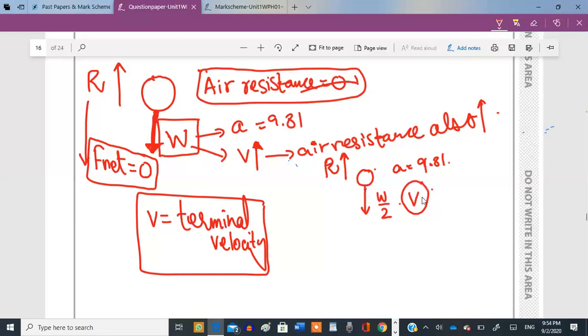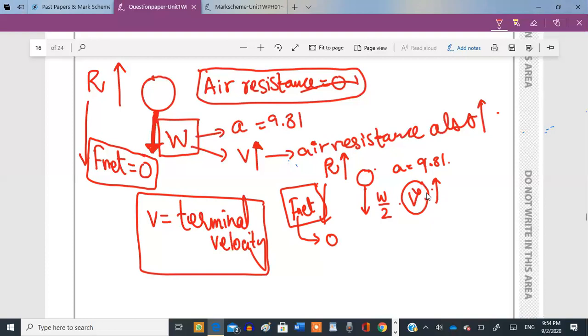Now its speed will keep on rising as long as there is some difference between the air resistance and the weight, as long as a net force downwards is present. But as this net force becomes 0, the speed becomes constant at the value where it has reached.